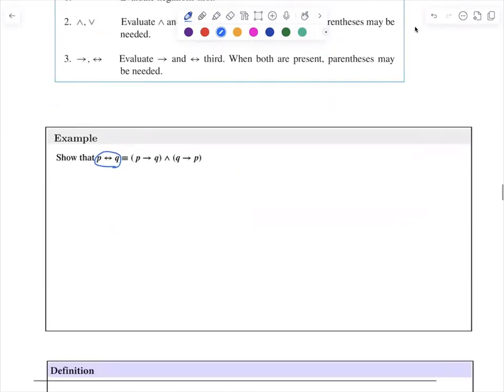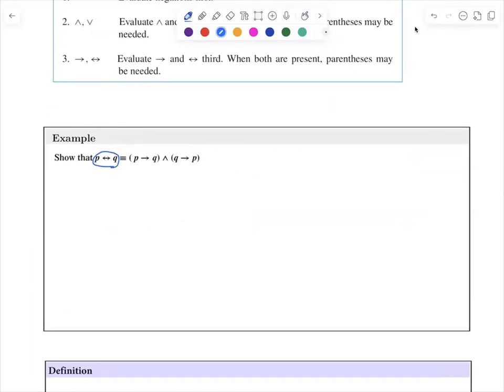On the left-hand side, we have P if and only if Q. On the right-hand side, you have a combination of two implications. Since we have two statements, 2 to the power 2 is 4, you get 4 combinations or 4 rows.